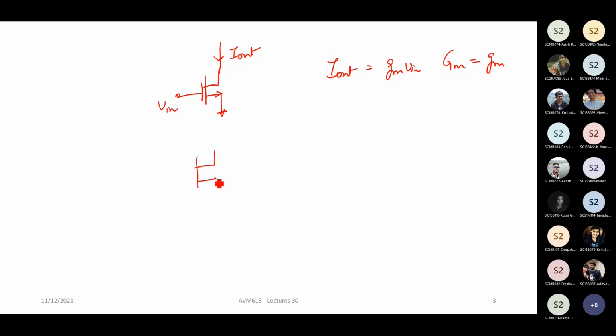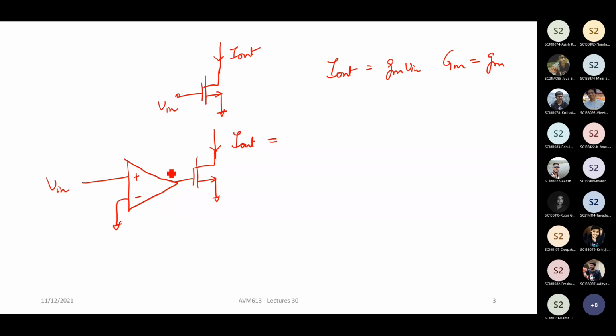Now, suppose I put an op amp, or an amplifier, in front of it, and then I give V in here. What will be the I out here?